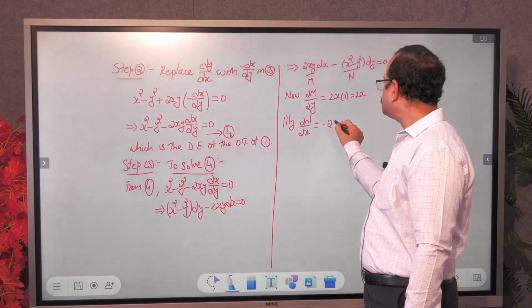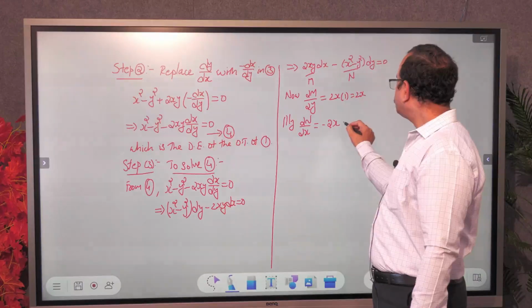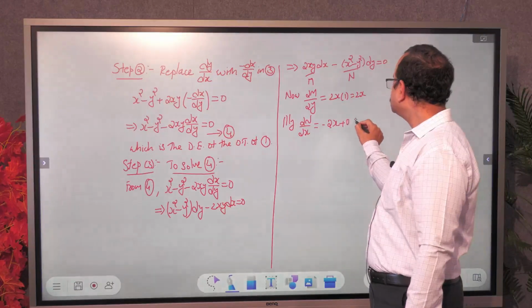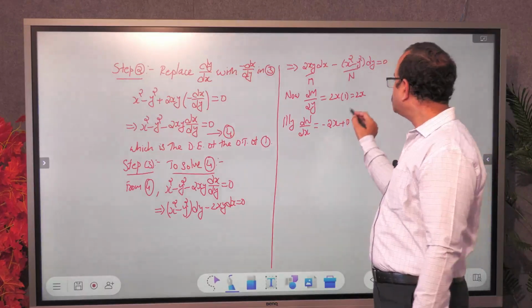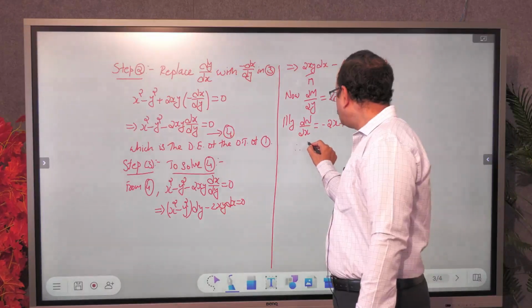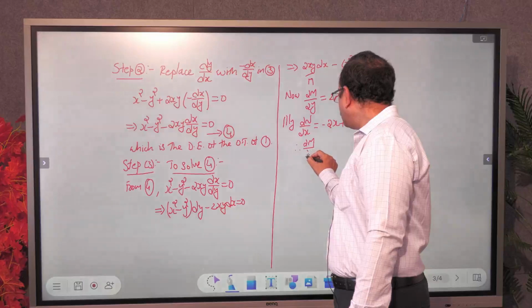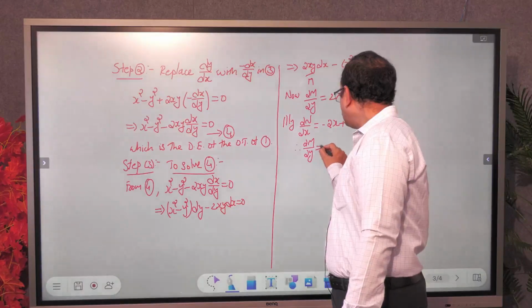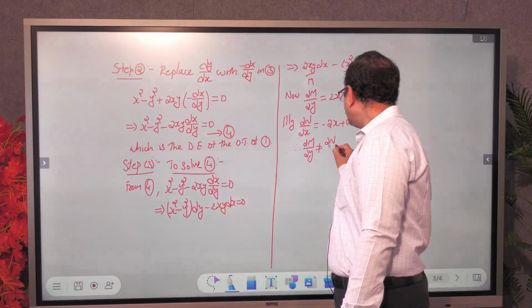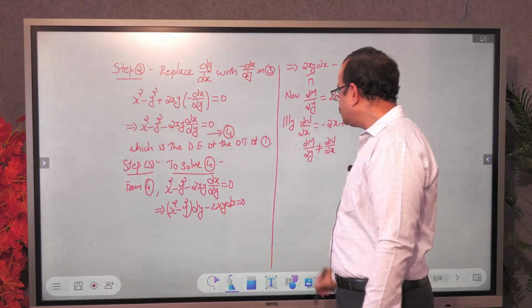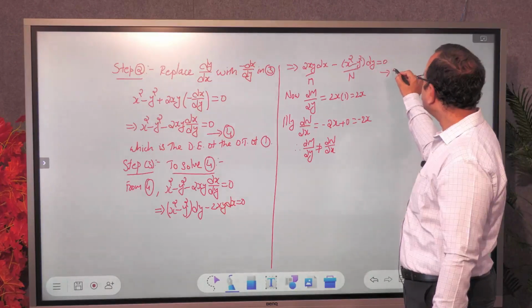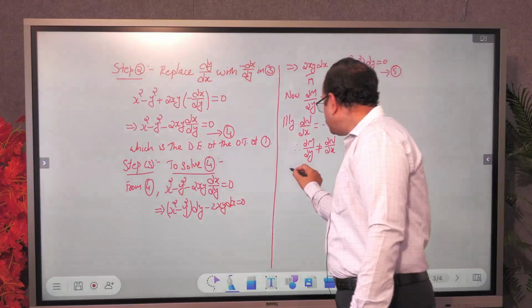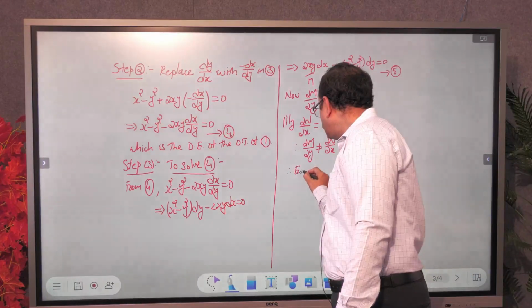The derivative of x square is 2x and the derivative of y square is 0. So this is nothing but minus 2x. So dou M by dou y is not equal to dou N by dou x. Therefore, say this is equation 5, and equation 5 is not exact.